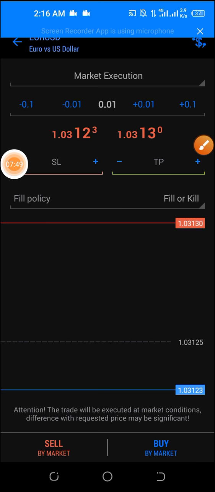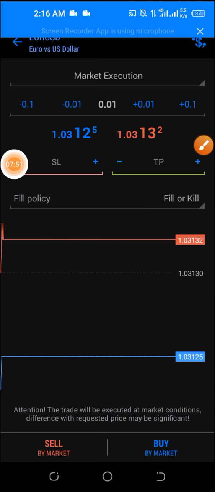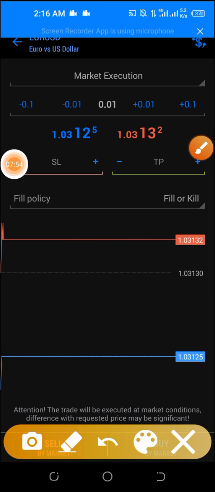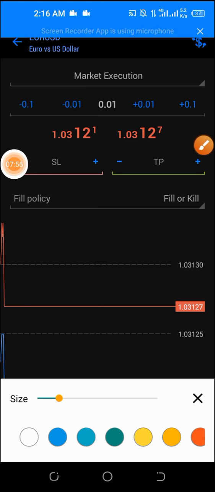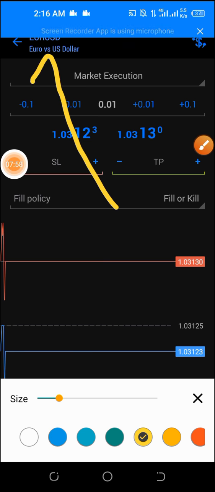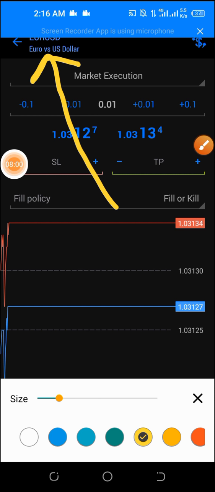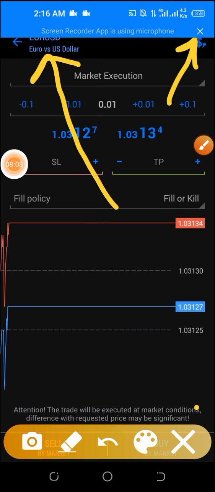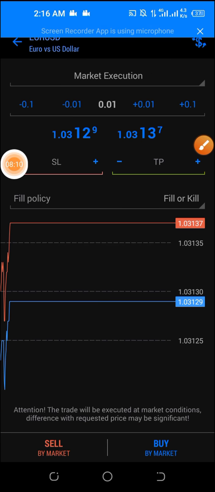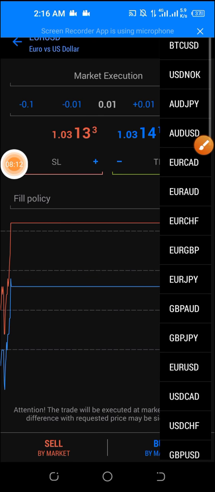So here, because you have opened Euro, you are currently on Euro USD. That's why you see Euro USD at the top here. You can still see that currency chart symbol here. So you can touch it if you are not in the correct currency pair.